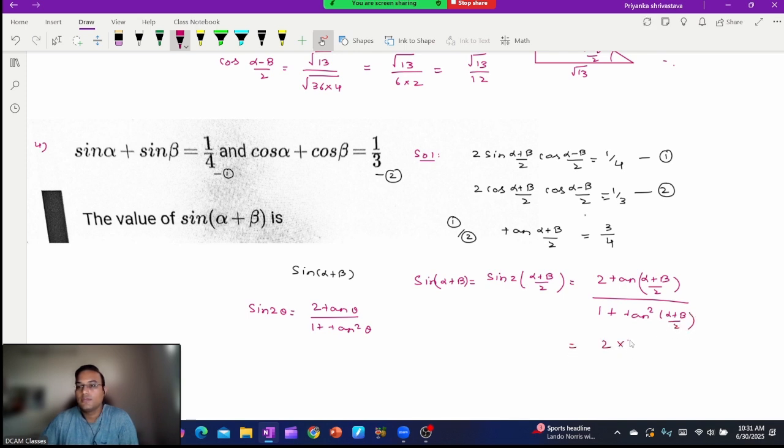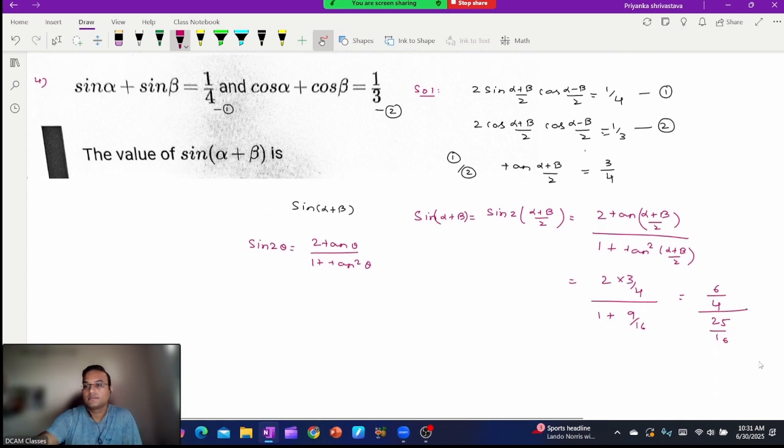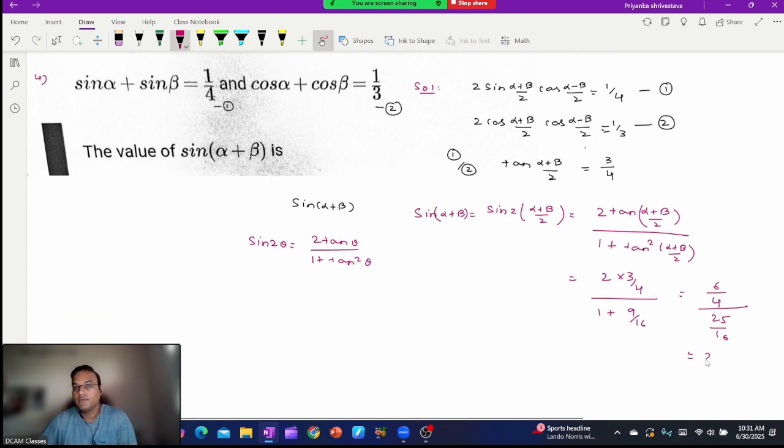So it will be 2 into 3 by 4 by 1 plus 9 by 16. So it will be 6 by 4 by 25 by 16. So it will be 24 by 25. 25 by 4 and divided by 4. So the answer is 24 by 25.